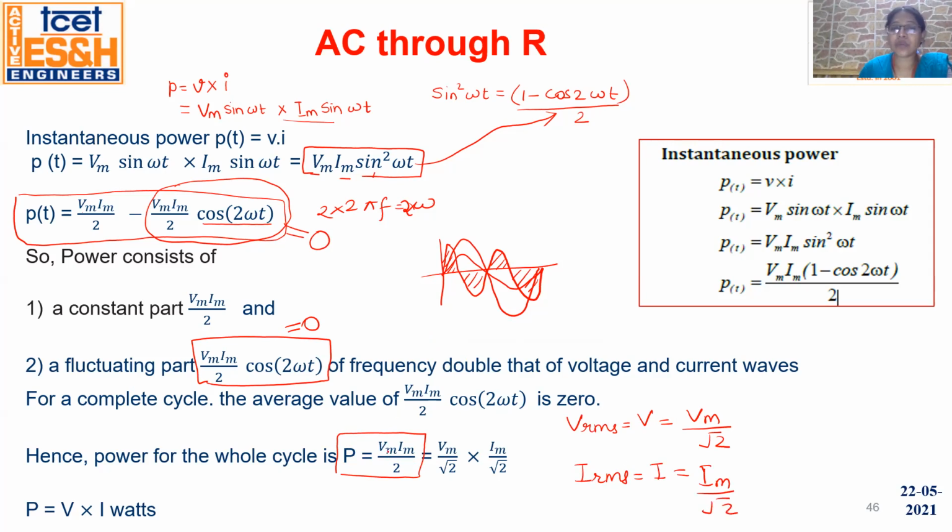So you can represent Vm Im by 2 as Vm by root 2 multiplied by Im by root 2. So we can also write it like this. Okay. So this is our actual power across the resistance.